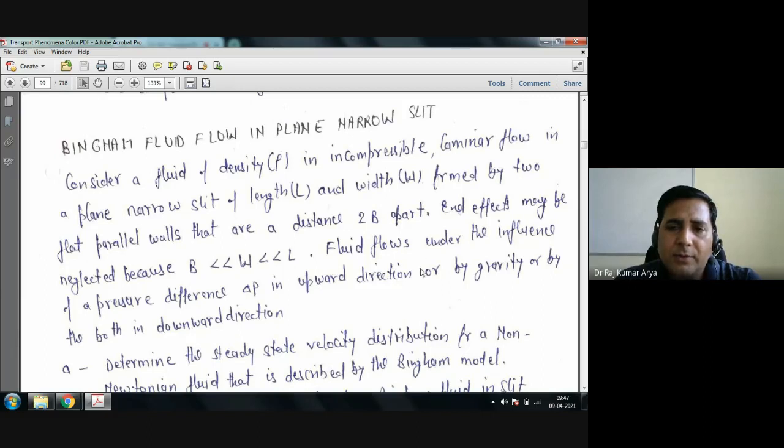Now, fluid flows under the influence of pressure difference delta P in the upward direction. So we have taken upward. Or you can take it by gravity flow if you want to make it downward, or by both. You can apply pressure on both sides, right? So that could be possible.